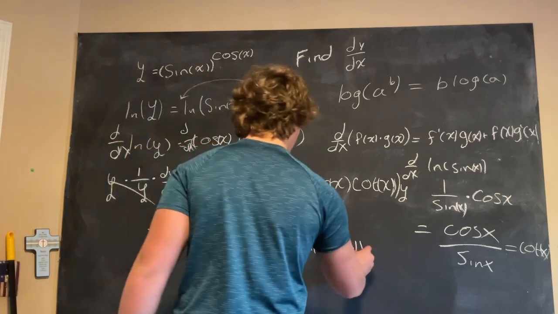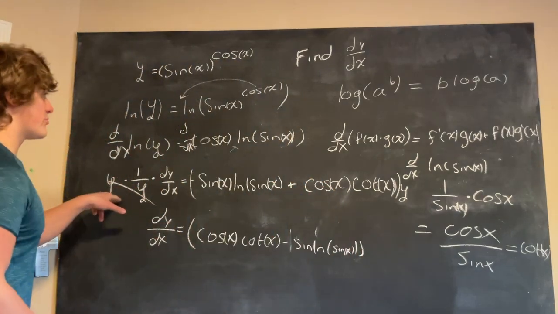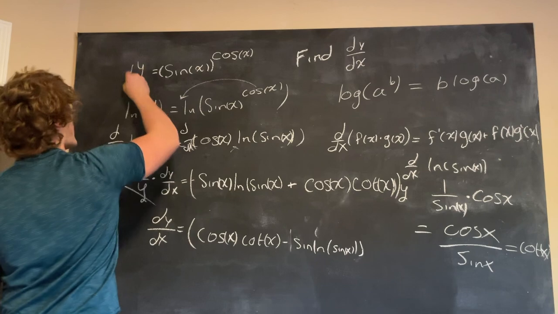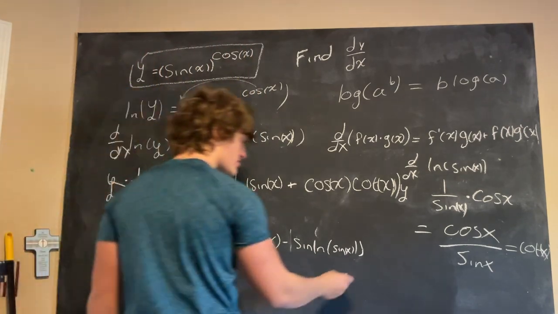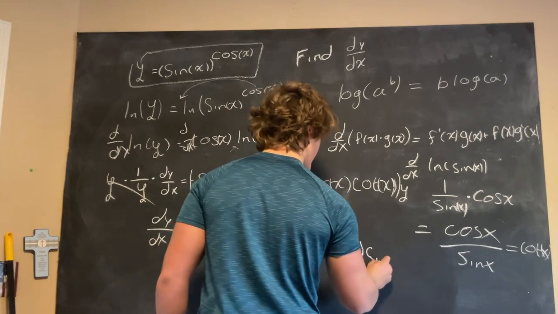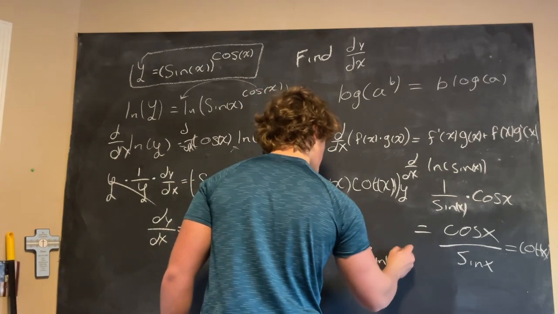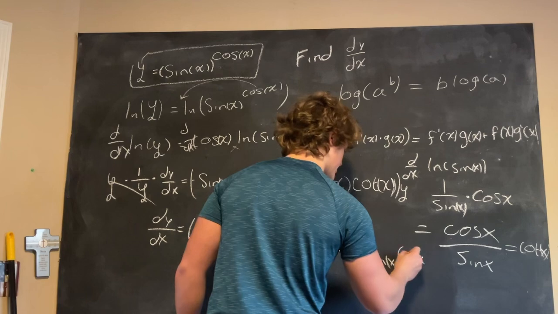And now we multiply that by y, and if you recall, y is just equal to sine of x to the cosine x. So this is all multiplied by sine x to the cosine x.